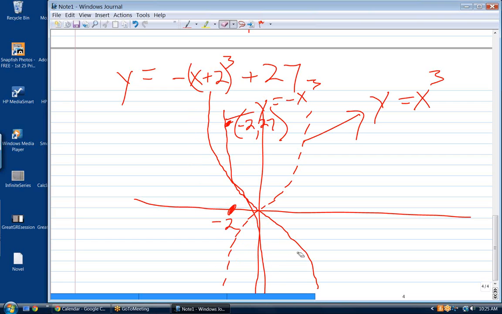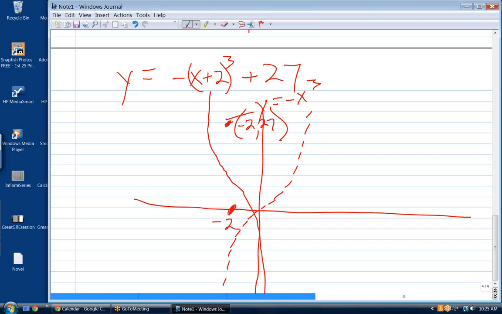Now let's see if we can figure out all of the x and y intercepts. Okay, well the y-intercept's pretty easy. Remember your y-intercept is where x is equal to 0, and your x-intercept is where y is equal to 0.